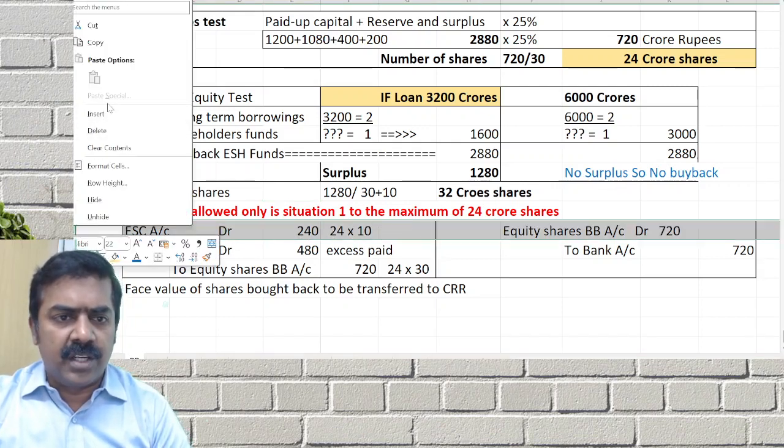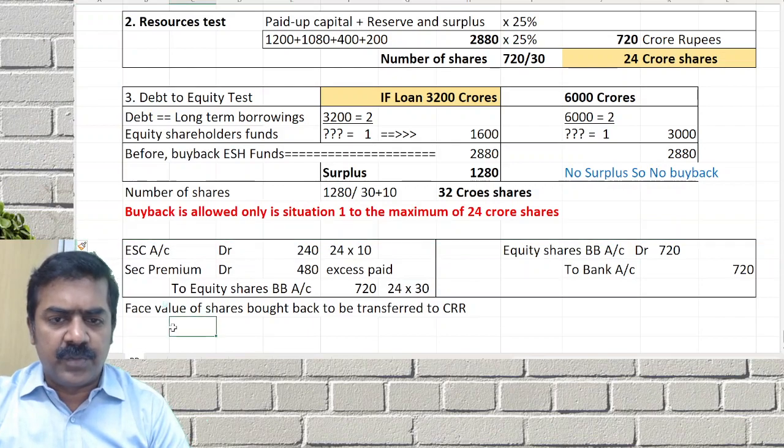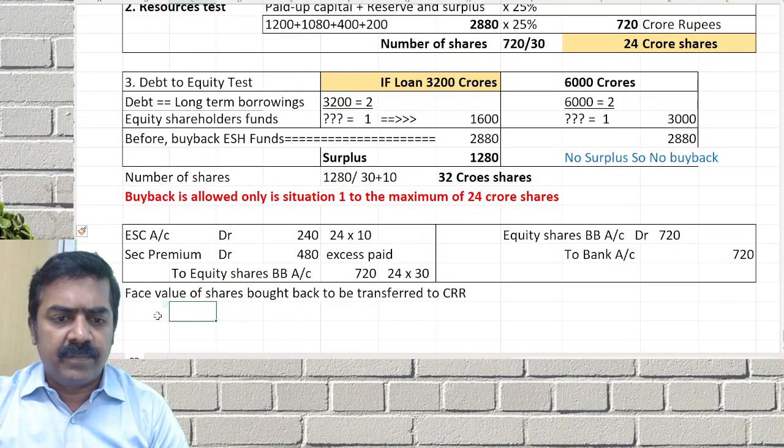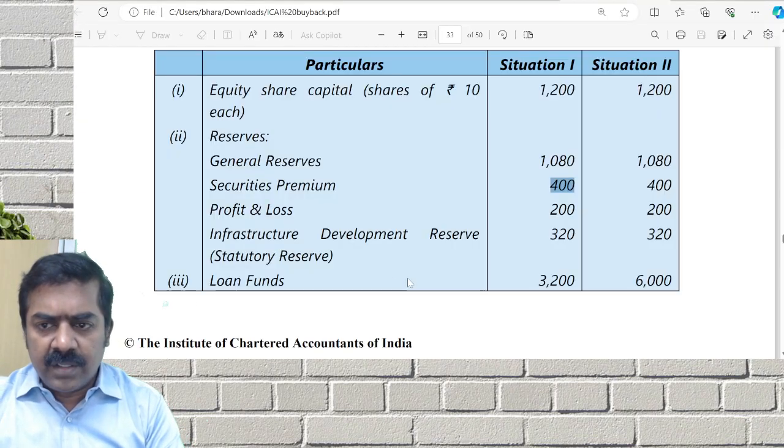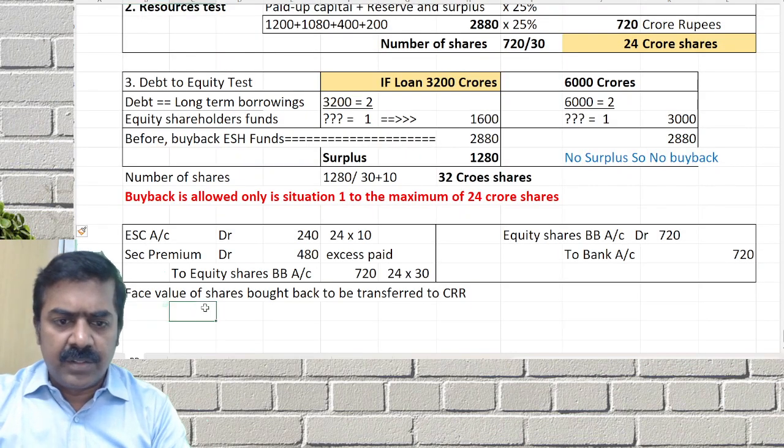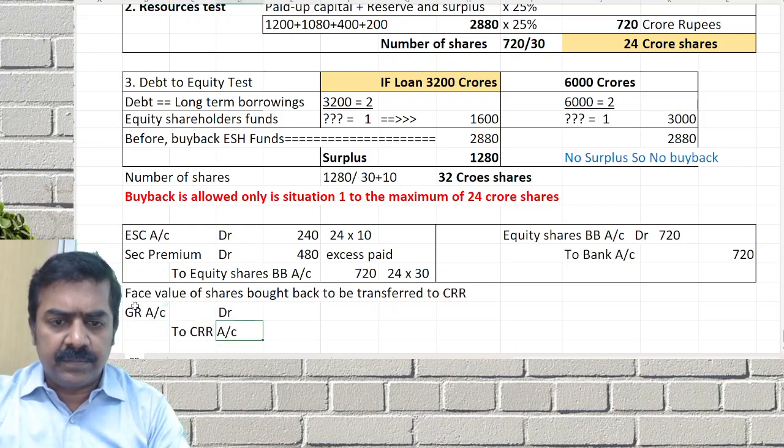You have to transfer 240 crores. From where will you transfer? Because general reserve is available, 1,080 crores available. So general reserve account debtor to CRR. Face value of shares bought back only, transfer to CRR.